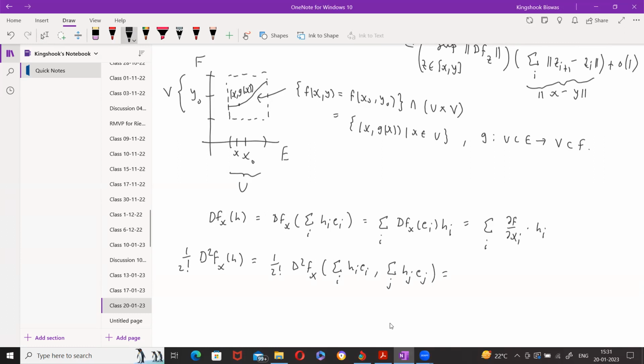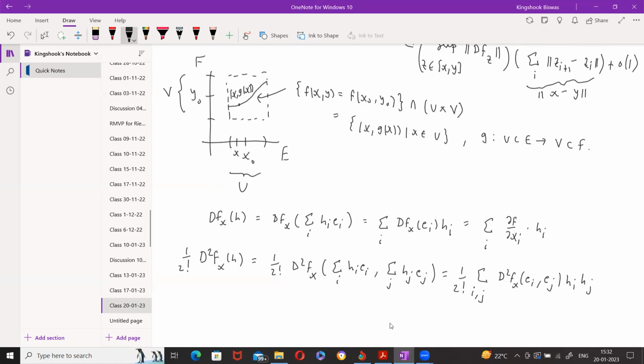So by bilinearity, this will be 1 over 2 factorial sum over ij d squared f at x applied to e_i comma e_j into h_i h_j.